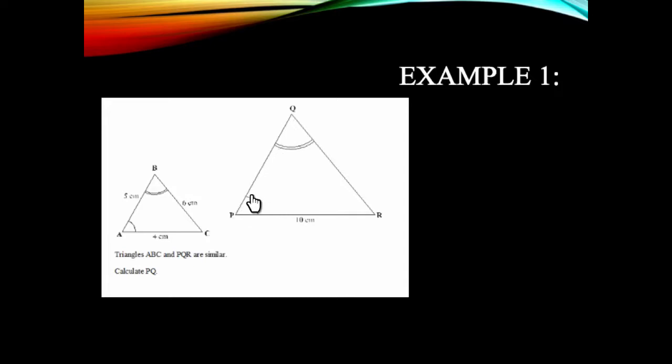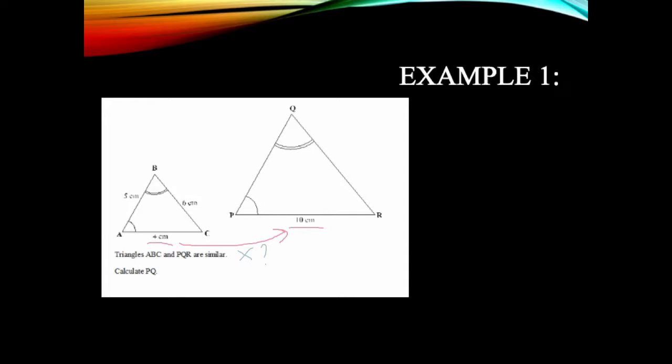So the question's asking us to work out the length of PQ. That's this line here from P to Q. Let's see what information we've got on the first triangle to help us. Well, AC was 4. PR is 10. Can we work out by how much AC has increased to get to PR? By that I mean by what scale factor has it been enlarged? So can I times 4 by something to get to 10?